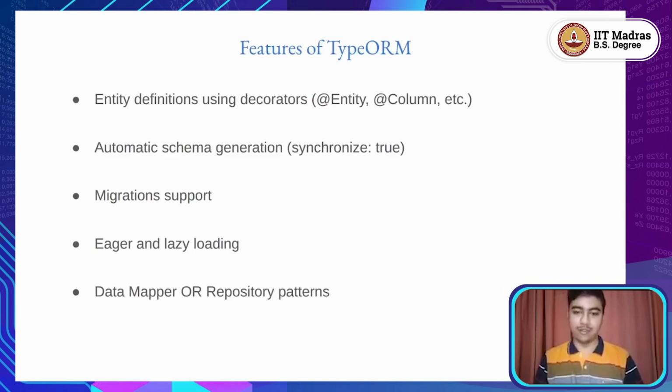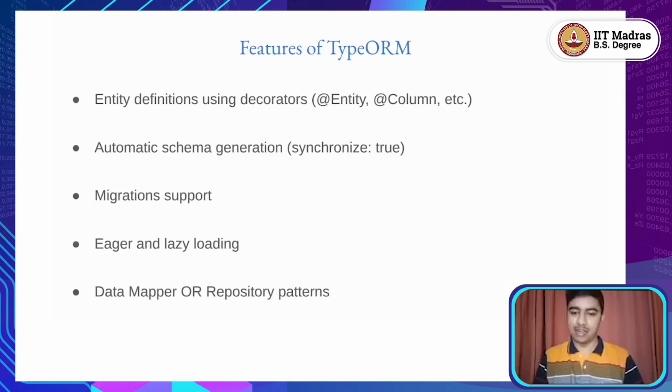It supports automatic schema synchronization, which means TypeORM can automatically create or update a database schema based on our entity definitions. This is a very powerful feature when we want to create and deploy our application for multiple testing environments. Though it is powerful, it should be used with caution in production.